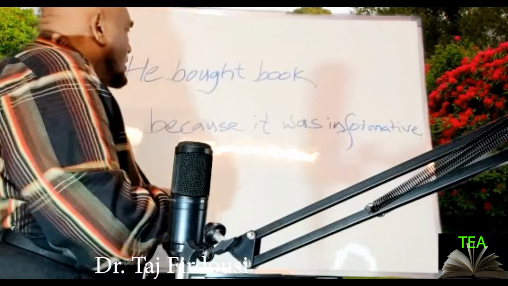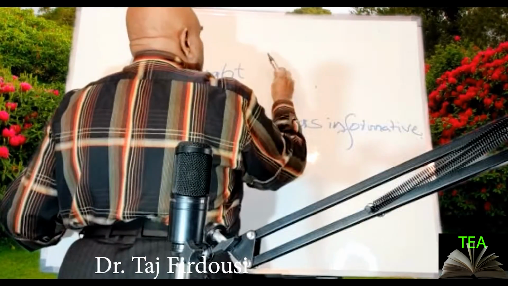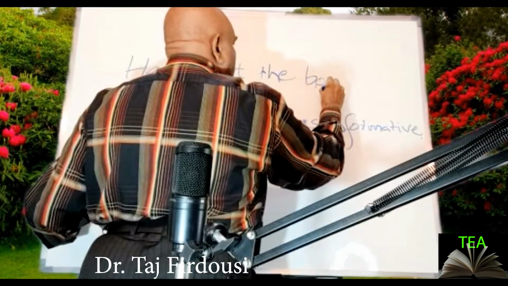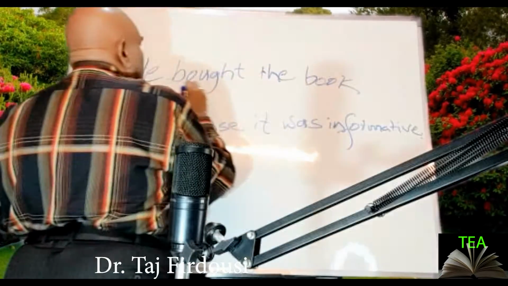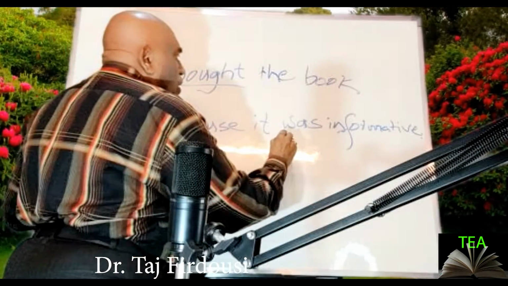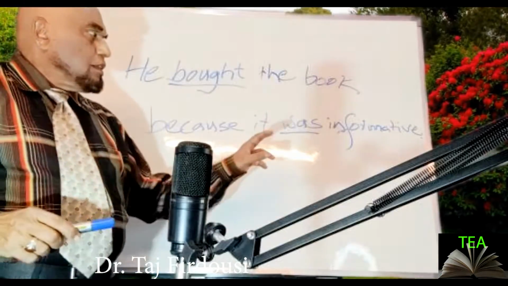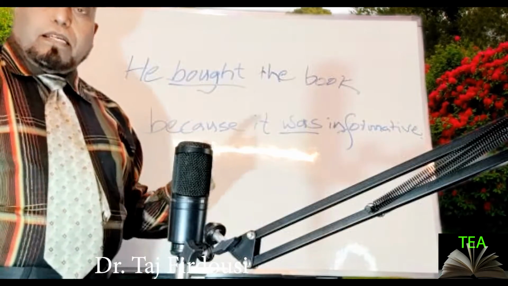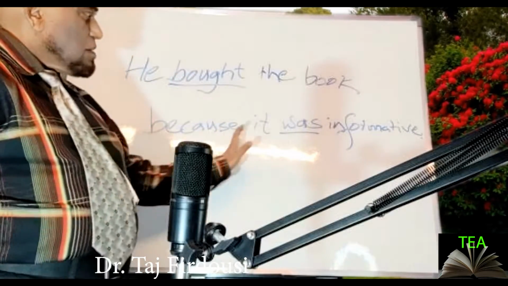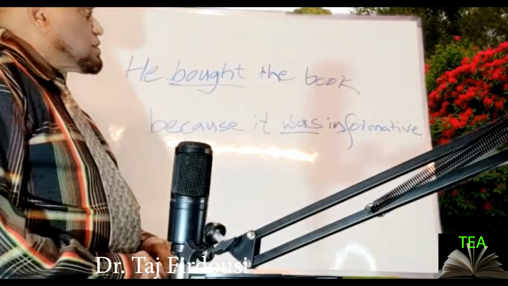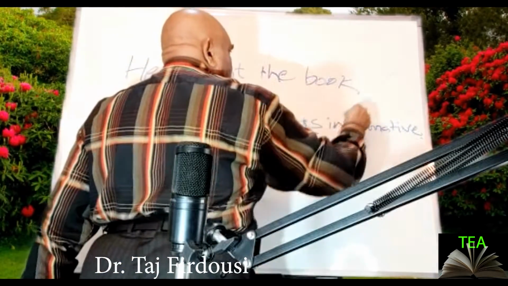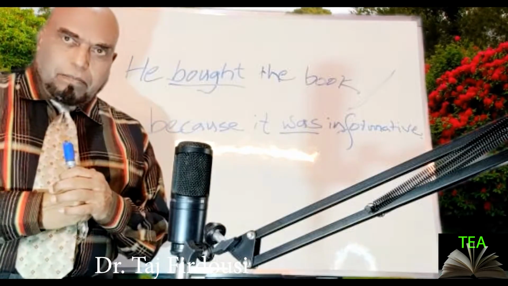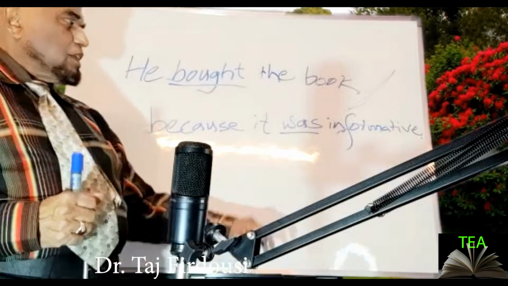What is the verb? Was is the verb. It's a sentence with a full stop. So he bought the book is one clause, because it was informative is the second clause, and therefore you can cut the sentence here. One part is the main clause. Which one? You can't say because it was informative.